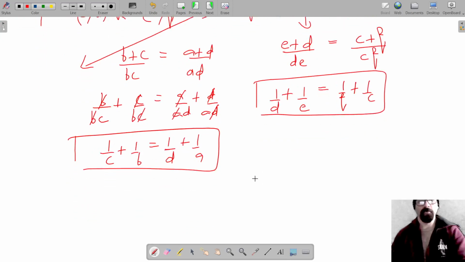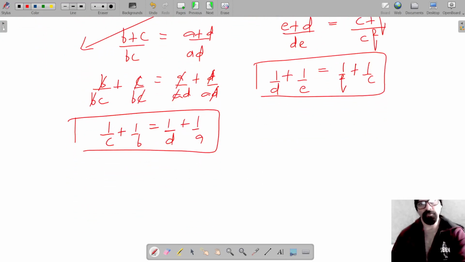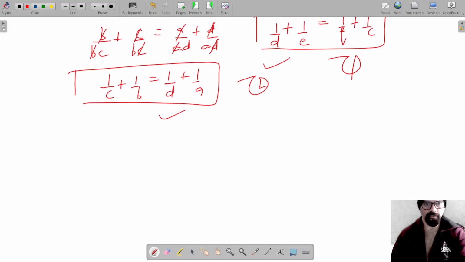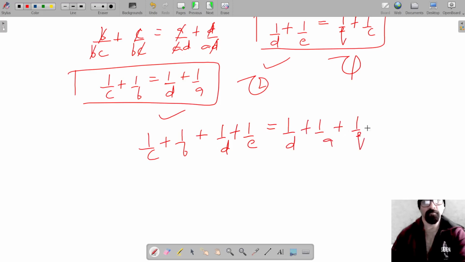So I have these two: 1 by C plus 1 by B is equal to this. Now I am going to add these two results. Let this be equation 1, this be equation 2. Adding these two will give me 1 by C plus 1 by B plus 1 by D plus 1 by E is equal to 1 by D plus 1 by A plus 1 by F plus 1 by C. Now we can cancel these two.